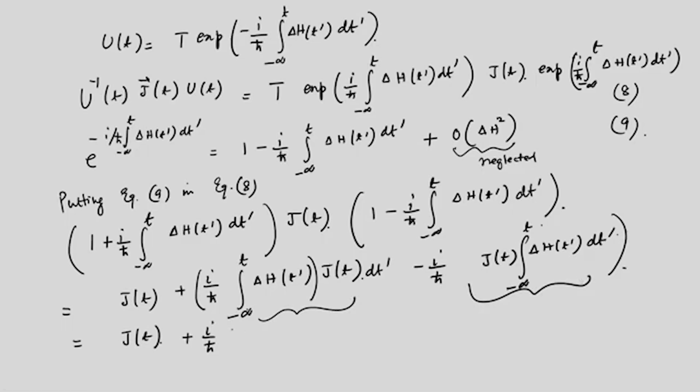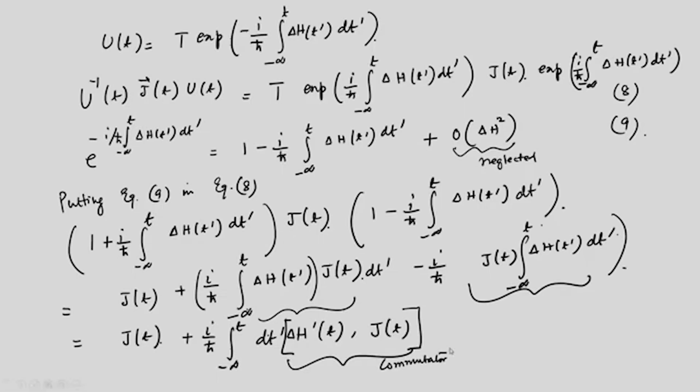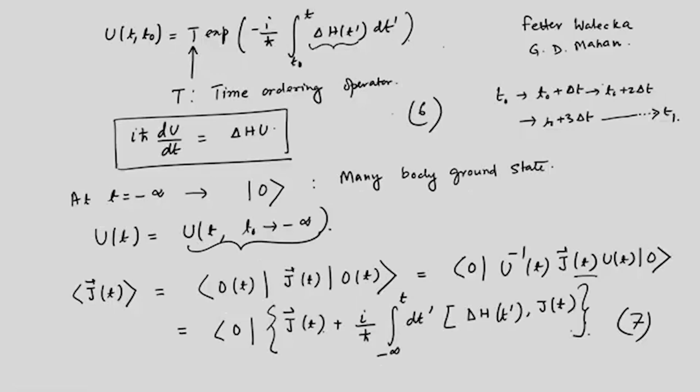This is written as integral from minus infinity to t dt prime of the commutator of delta h(t prime) and J(t). It really does not matter because the integral is over dt prime, so it is not touching the t dependence of J. So this is the commutator that I talked about at the end of the last slide.